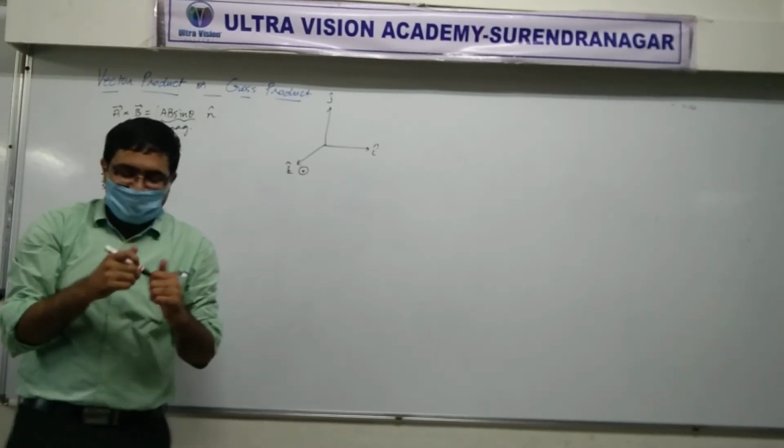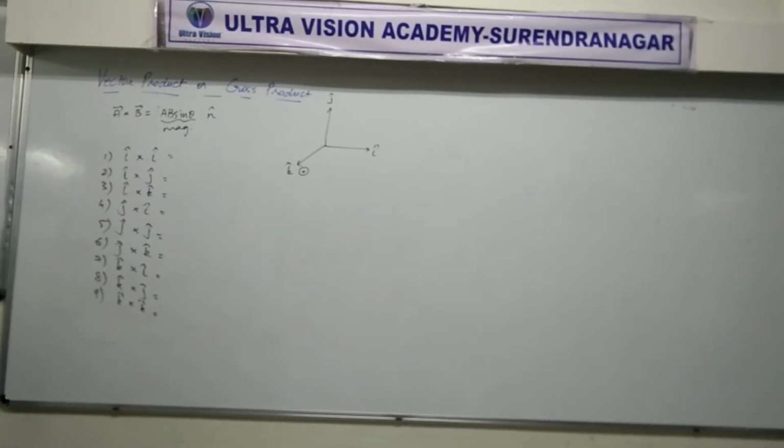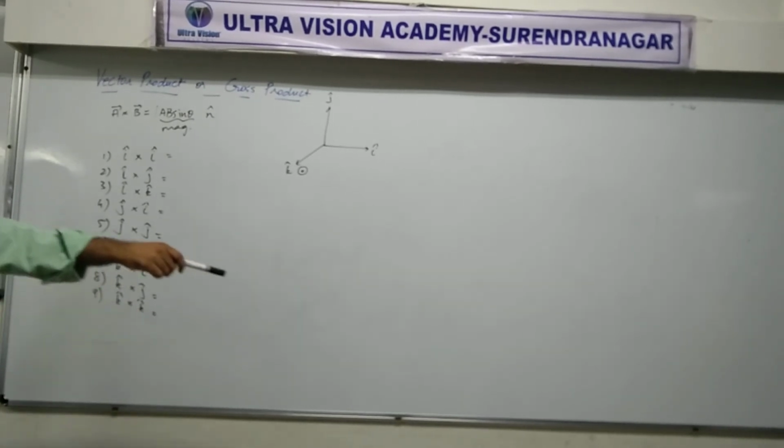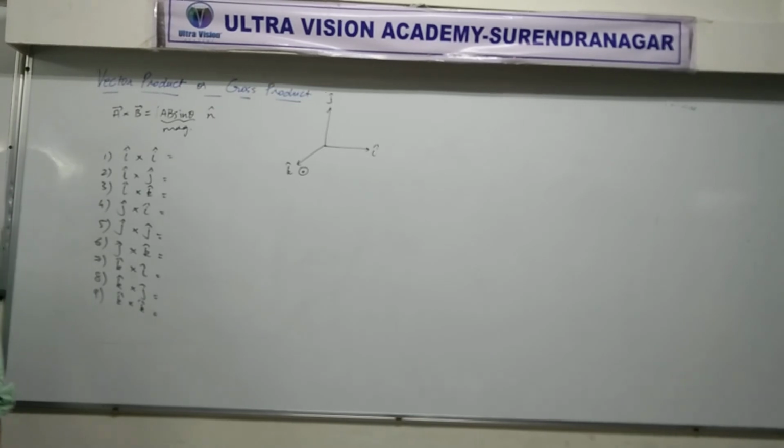Which direction is I caret? I caret is in positive x, so I caret will be towards this side. Where is J caret? Upward. And K caret is in positive Z. Is that clear or not? Yes. I, J and K mean X, Y and Z. Clear? Yes. Alright, okay, fine.